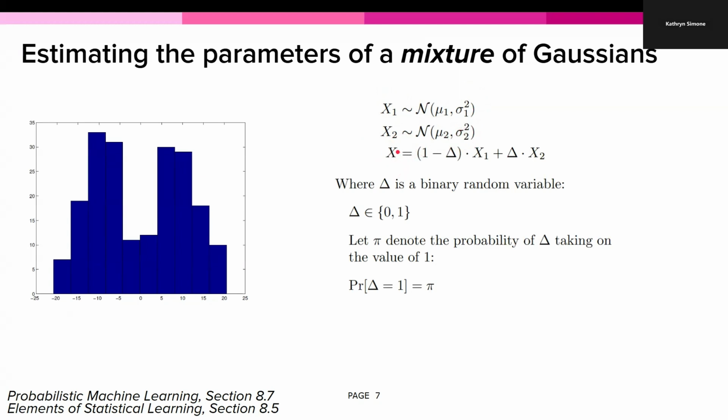we're going to superimpose those random variables to generate a new variable x by introducing a new binary random variable delta. This delta is going to decide which of the two distributions a particular observation came from. So delta is a binary random variable.